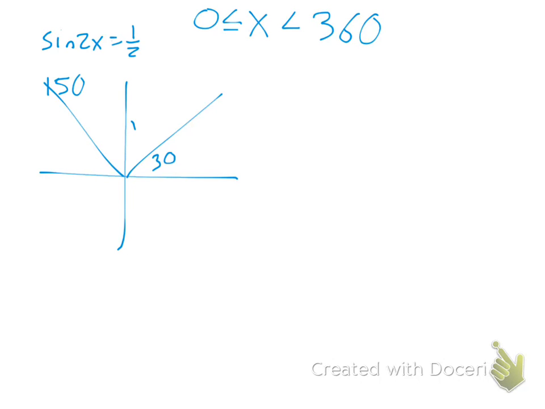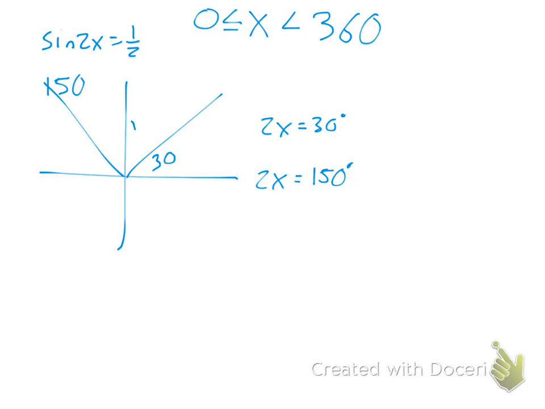The difference here, guys, is that under normal conditions this was just sine of x, so you were solving for x. Now it says 2x, so now you're solving for 2x. So 2x is equal to 30 degrees, and 2x is equal to 150 degrees.